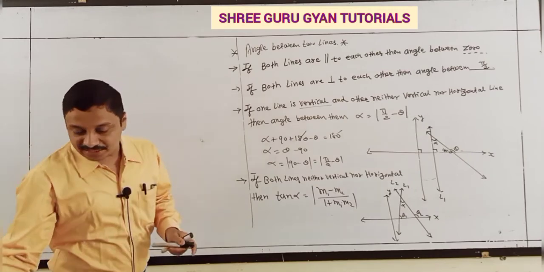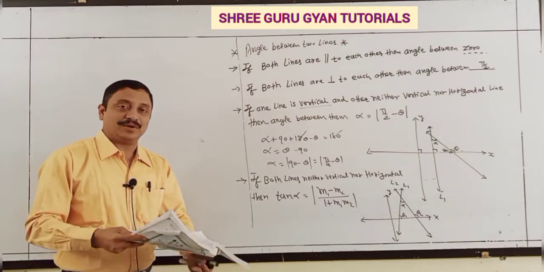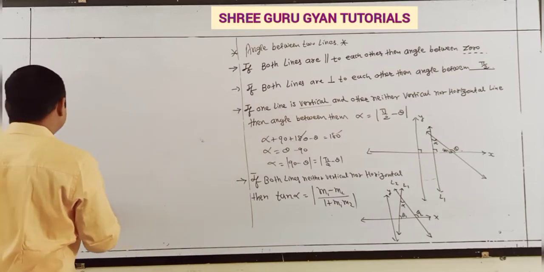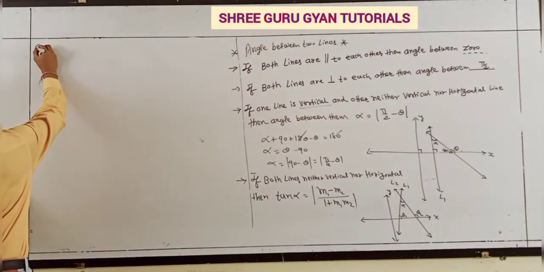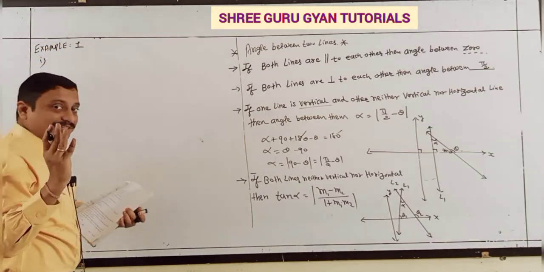Find the slope of the line passing through the given points. So example 1. In example 1, students, there are 4 numericals.